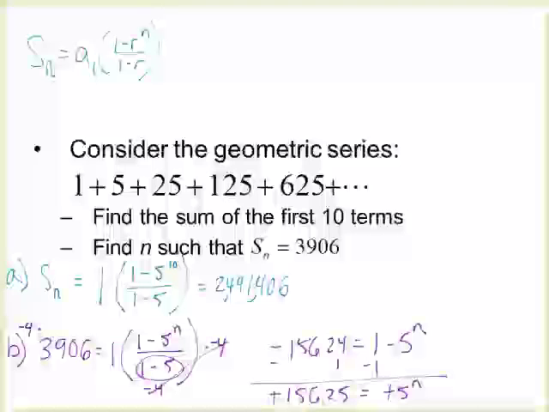What is it? And we just keep on trying until we get 5 to something to be 15,625. And that is 5 to the sixth. So adding up 6 terms of this series would give us 3,906. That's not very many terms, so it probably would have been faster to guess and check on this one, which is fine if that's the way that you want to do it.